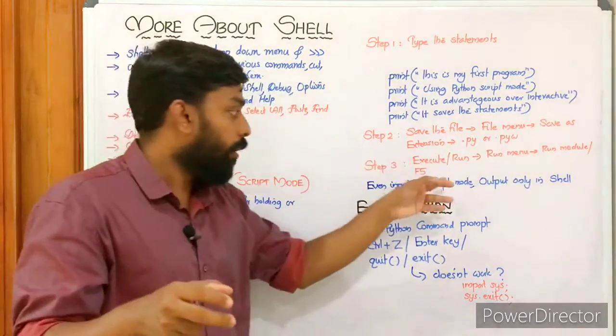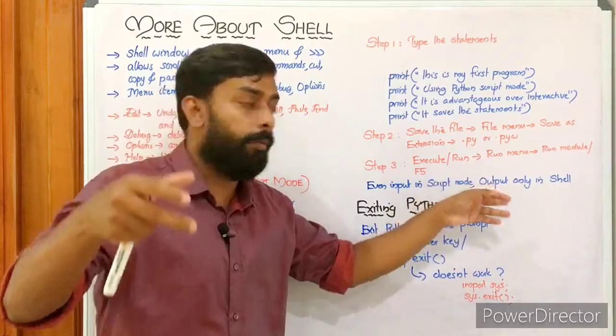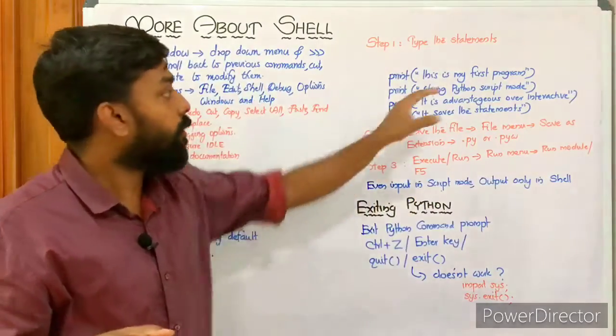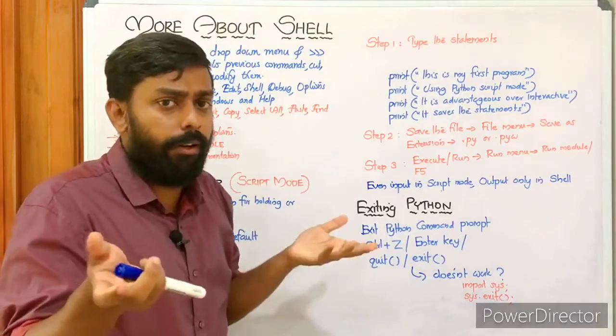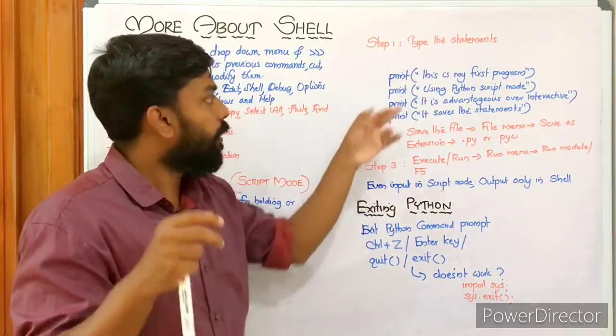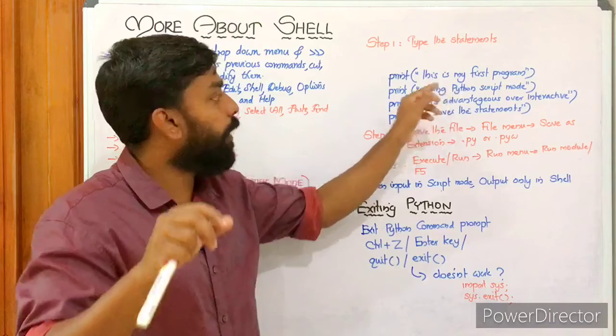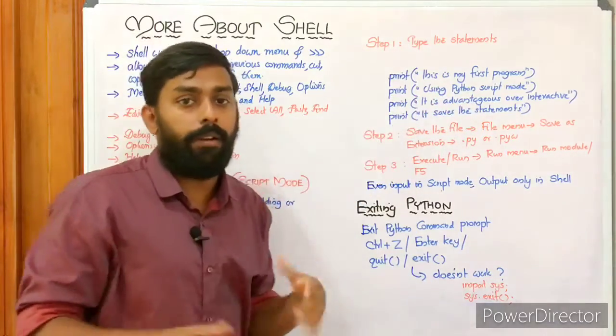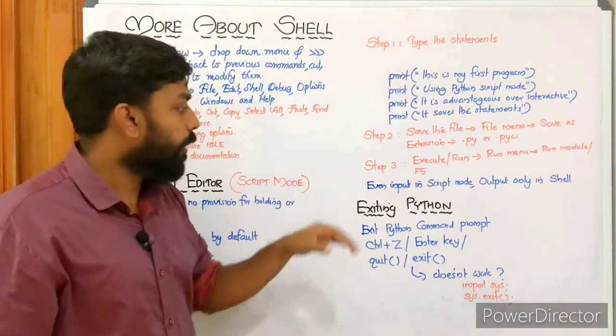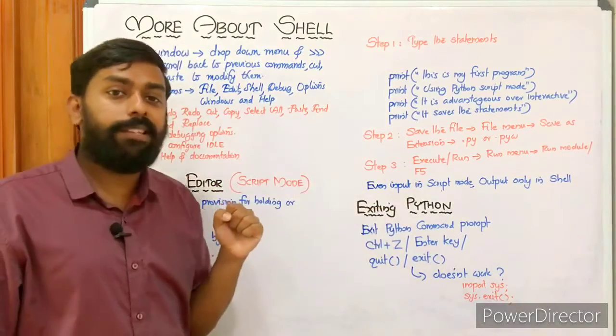Even if the input is in script mode, the output will be in shell mode. After executing, the print statement will be displayed. Print is a function for printing something. So this is my first program displayed using Python script mode. It is an advantage over interactive mode. It will be printed as such.